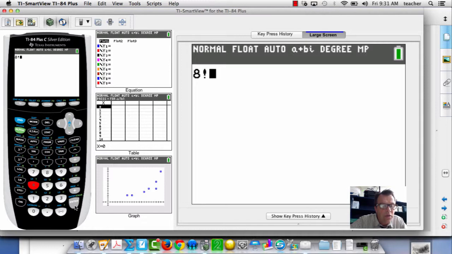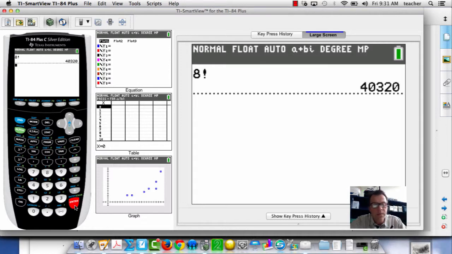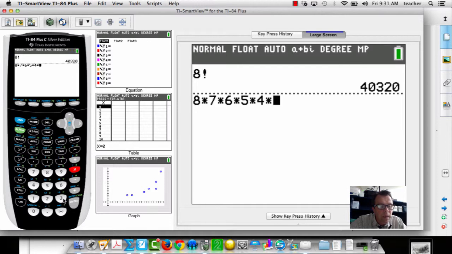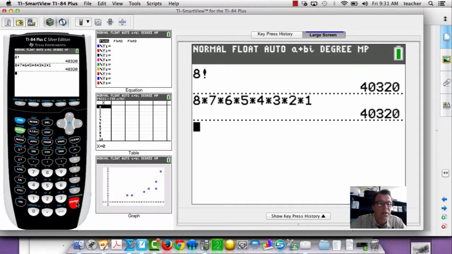Again, 8 factorial is 8 times 7 times, if you need me to prove it to you. I bet you did need me to prove it to you. I'll even do times 1, but that's kind of silly. The same answer. Again, it's just a nice way. It'd be fun to see what the biggest factorial number your calculator can handle. That's a neat bonus question.